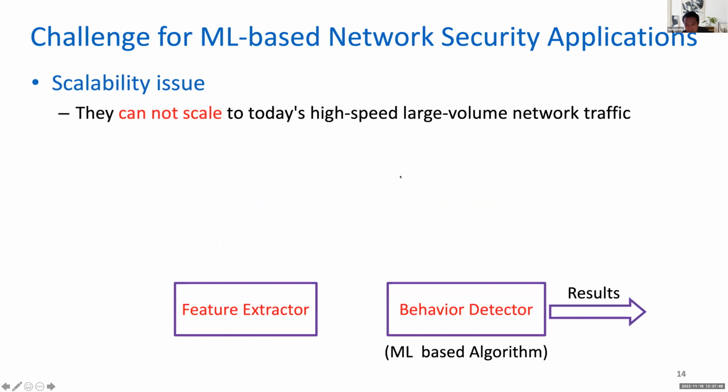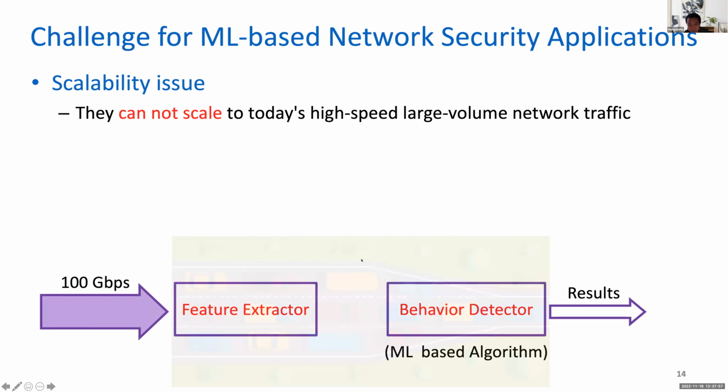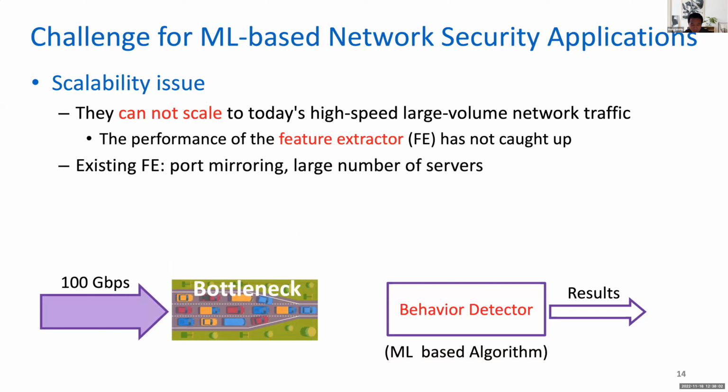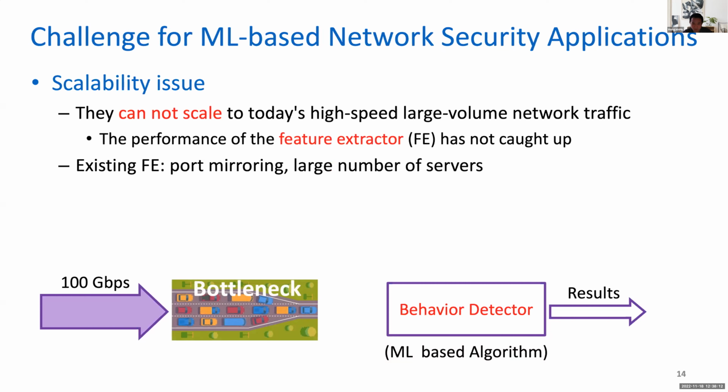If you consider these deep learning based security applications, we can see the bottleneck. Normally they have two components: one is the feature extractor, and another is the behavior detector. But we found the major bottleneck is the feature extractor.